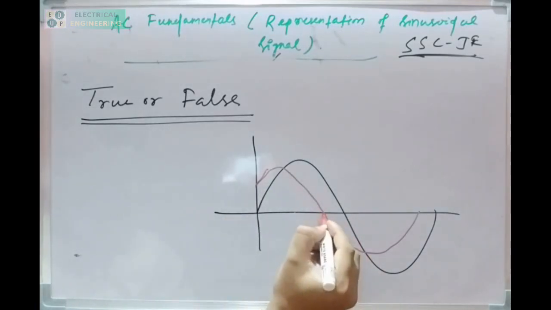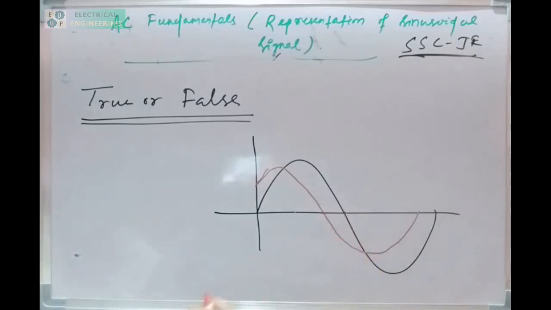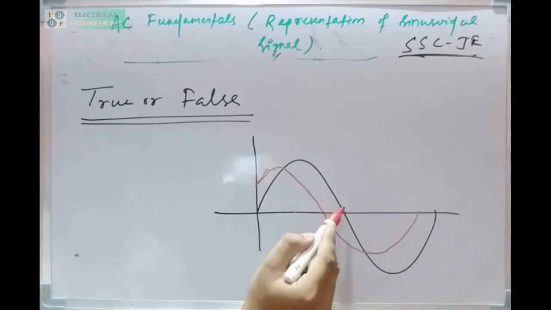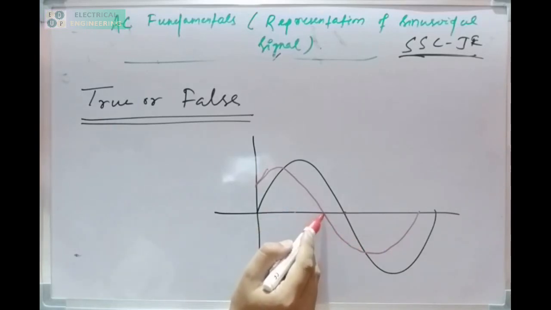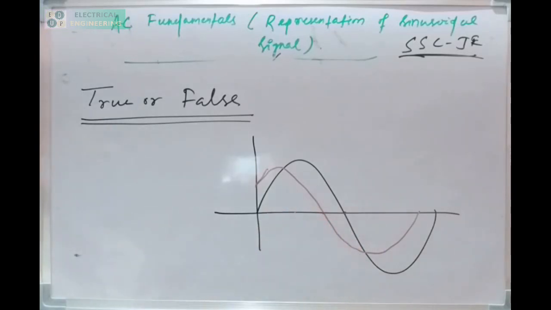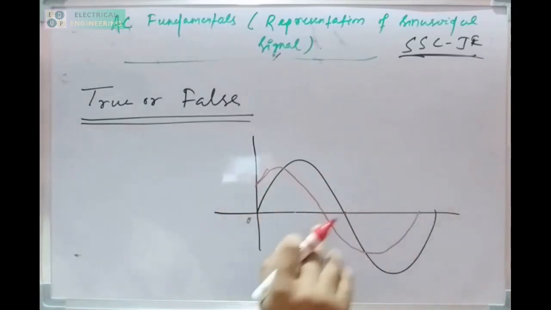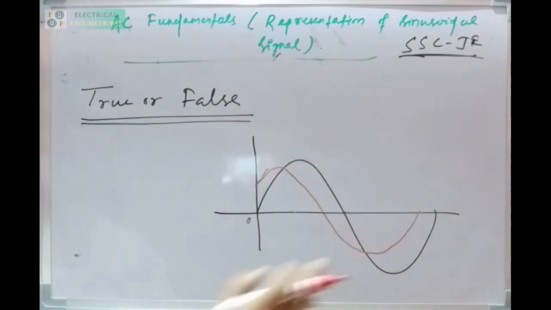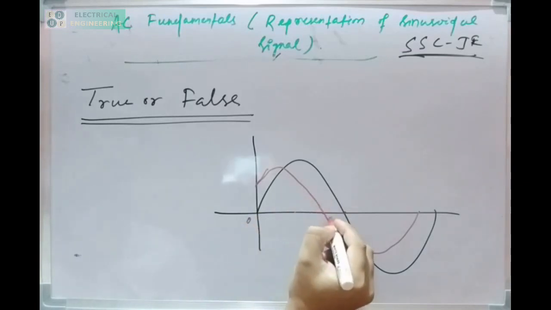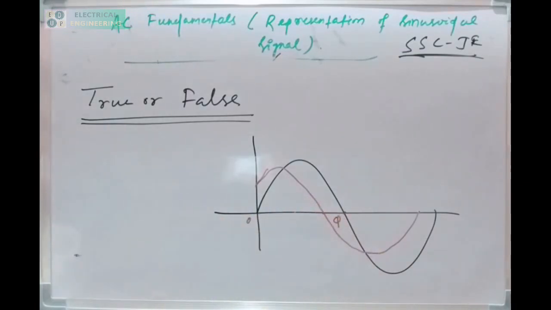Here, if I take this point and this point, the direction is towards negative, and for current also the direction is towards negative. Both are crossing this reference line, which has a value of 0, and going in the negative direction. Here you can say the phase difference is phi. So statement 1 is correct.